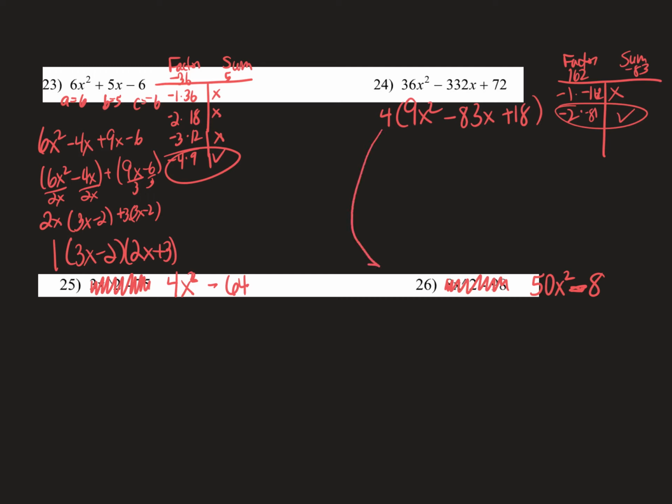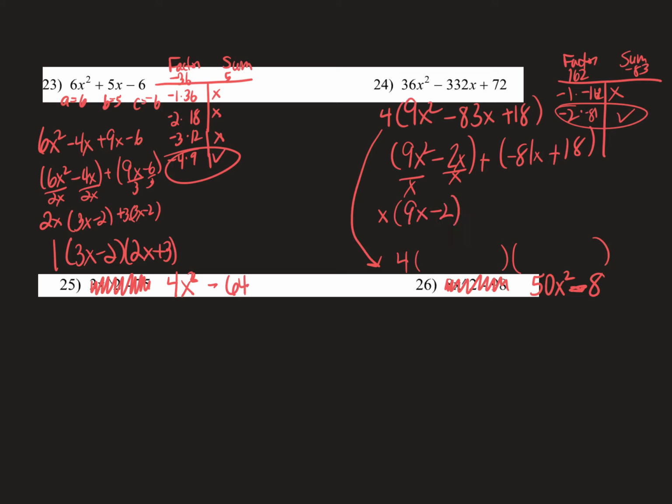I'm going to bring this down and go ahead and group. So 9x squared minus 2x plus negative 81x plus 18. The first group has x in common. That would be 9x minus 2.